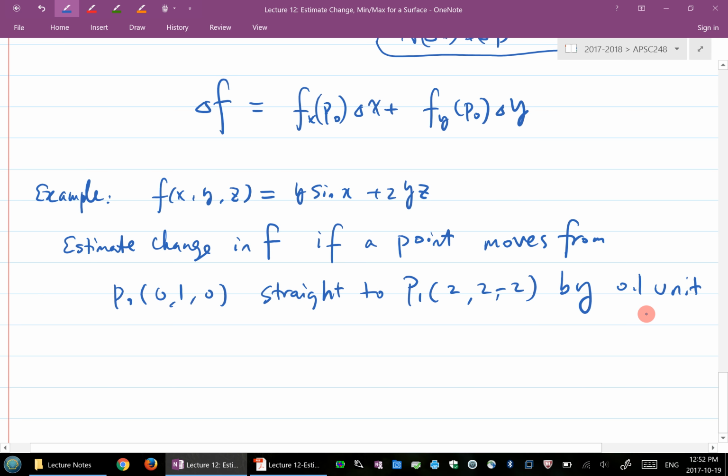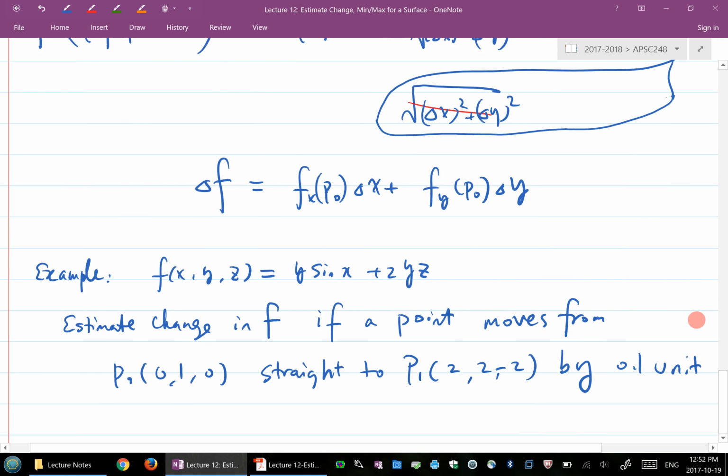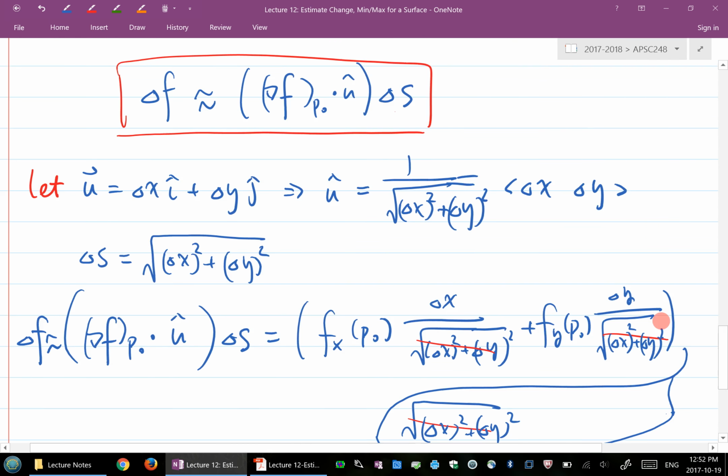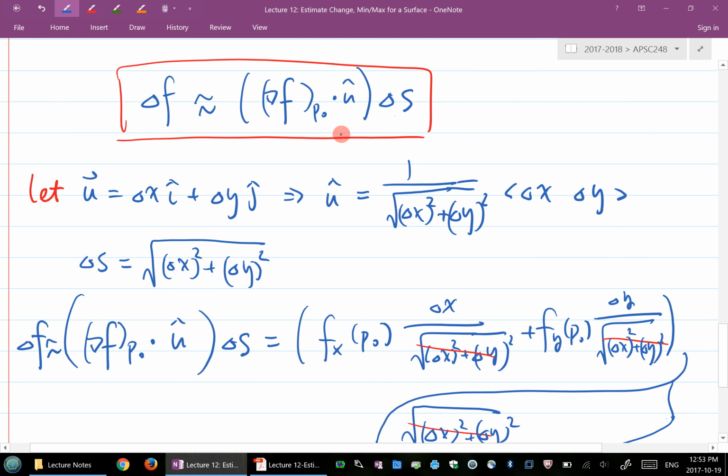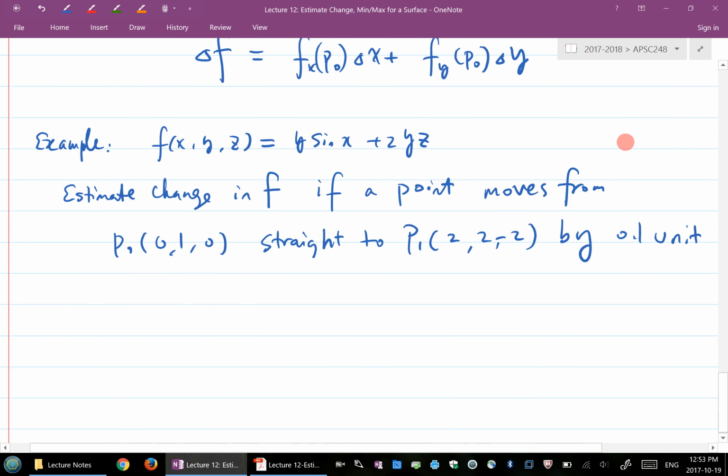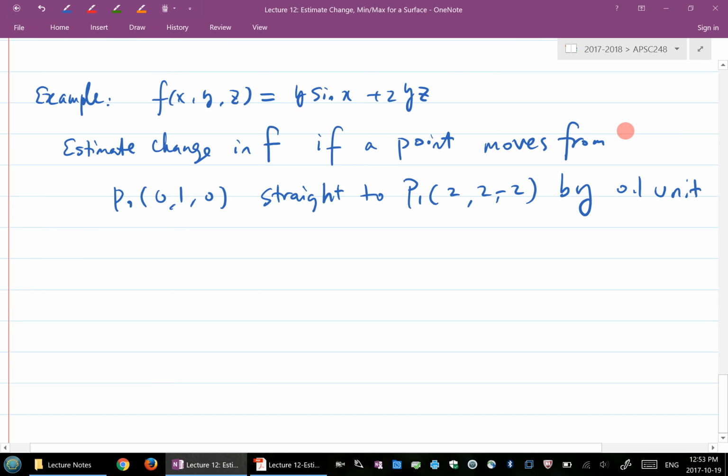Everything is related to this formula. If you can figure out all the components given by this formula, then you'll be able to figure out the change in the function f. So let's figure out the u hat first. As I said, u hat is not the vector P0P1, it's the normalized P0P1 vector.